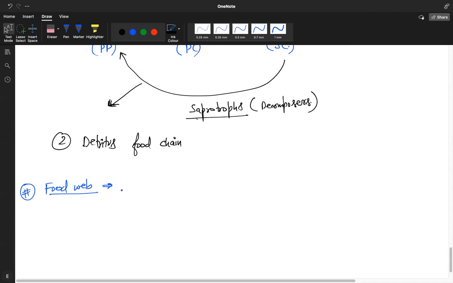Make sense, people? Yes, sir. So a food web is an interconnection or interaction of multiple food chains. So write down.